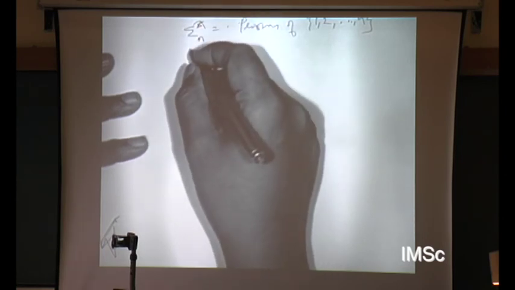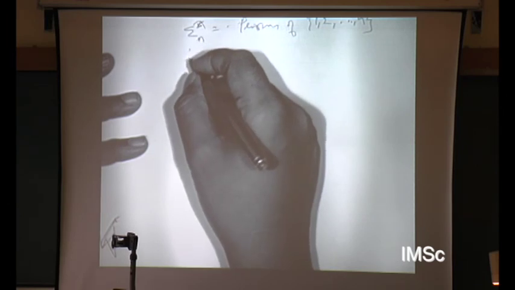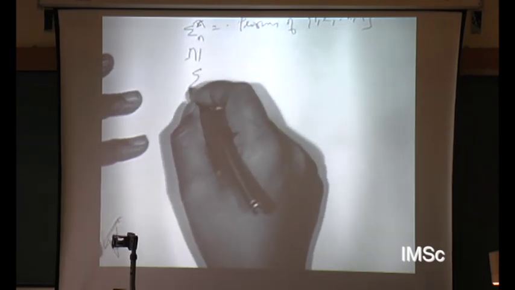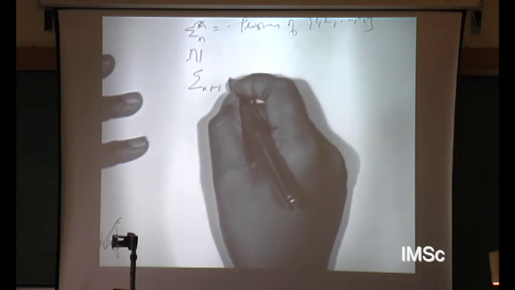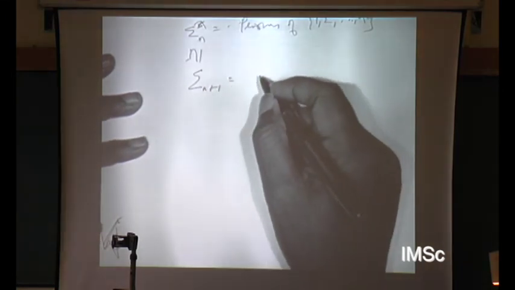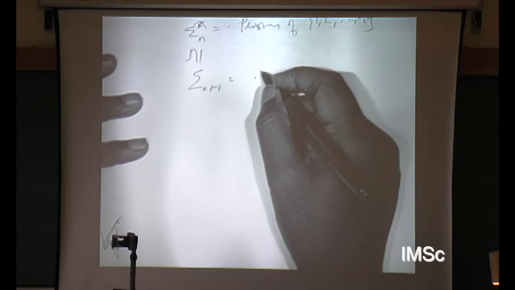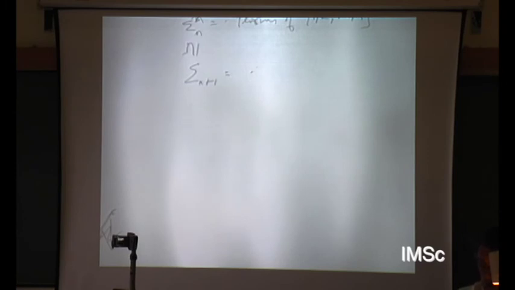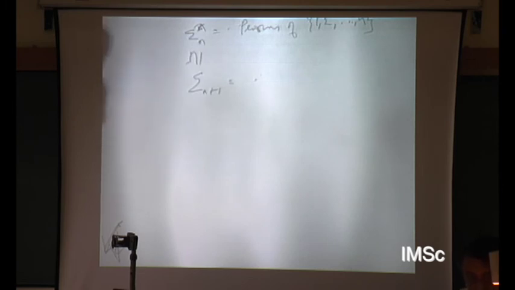Now I think of this as sitting inside sigma n plus 1, as all those things which fix n plus 1. That is, they only move 1, 2, 3, up to n. So such a permutation I think of as something in sigma n. I can also think of it as something in sigma n plus 1. So this forms an increasing chain of finite groups.